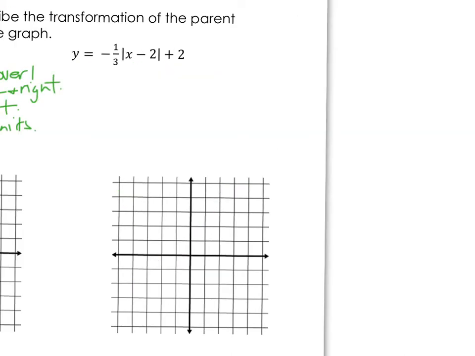Our final example, y equals -1/3 times the absolute value of x minus 2, and then plus 2. That a value is the negative and the 1/3, just like up above. So remember, that's going to do 2 things. We're going to reflect over the x-axis, and then 1/3 itself is going to compress vertically.